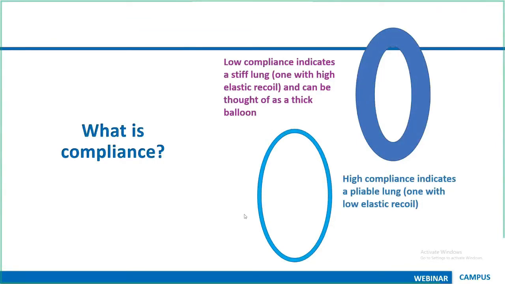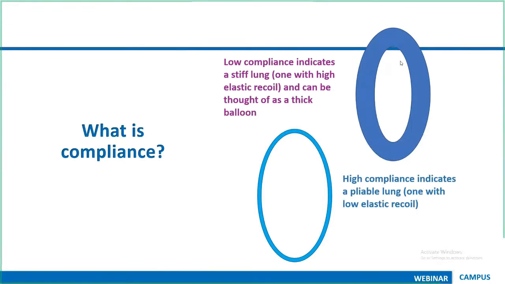High compliance means low elastance; compliance and elastance are inversely proportional. A stiff lung is where the patient has low compliance but high elastic recoil, so this group has high elastance. So this is a patient with normal compliance and one with reduced compliance. A distensible lung will be very compliant and a stiff lung will be less compliant.